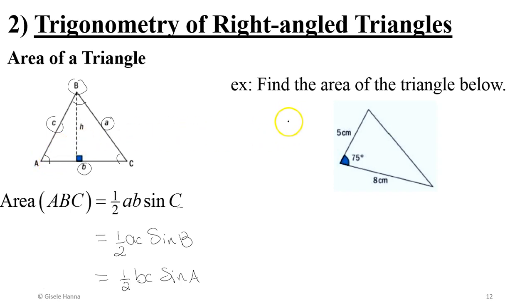So over here in this example, we're aiming to find the area of the triangle below. We are given this angle as 75 degrees, and we are given the two sides that are adjacent to it. So the area of the triangle would be half times 5 times 8 times sine of 75 degrees.